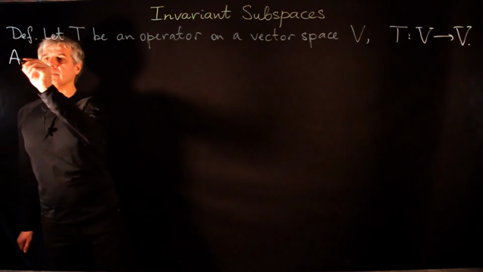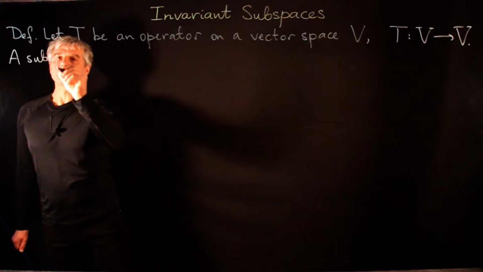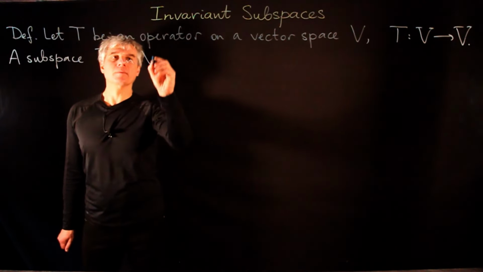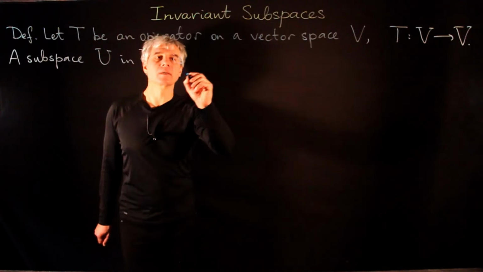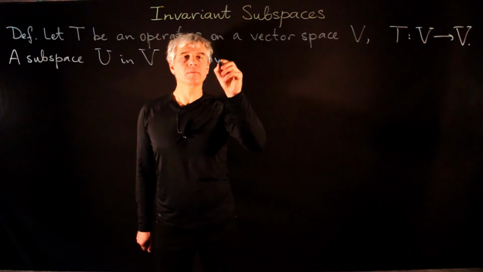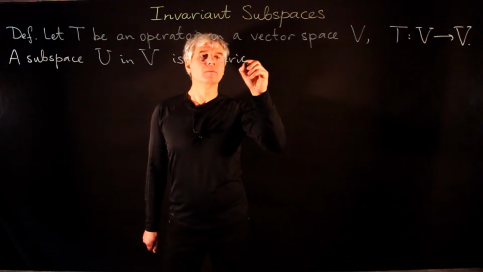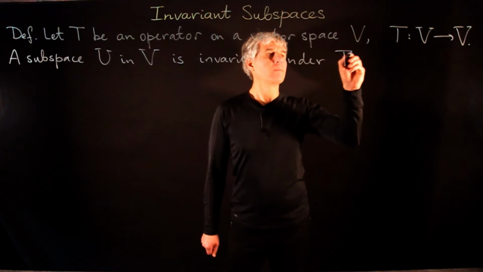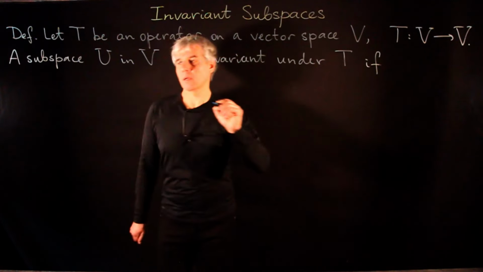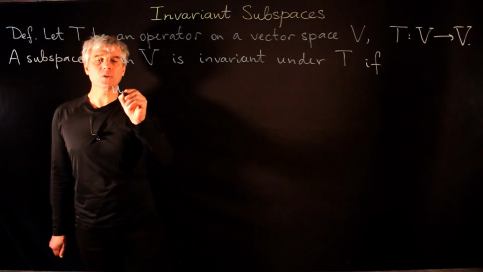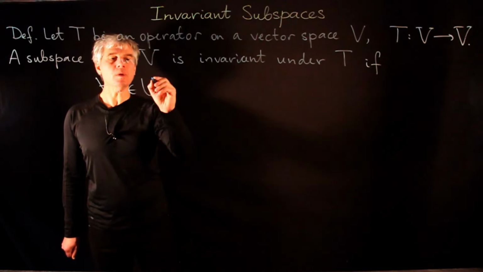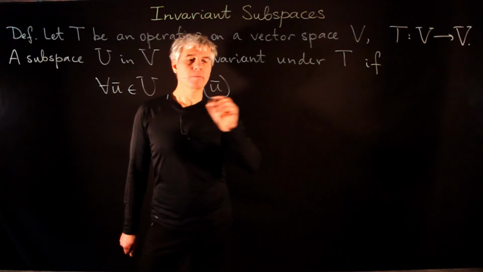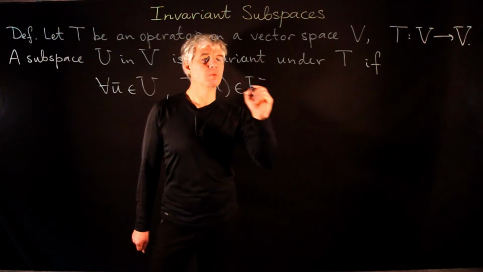A subspace U in V is invariant under T if for every vector u in the space U, T of u belongs to the subspace U.